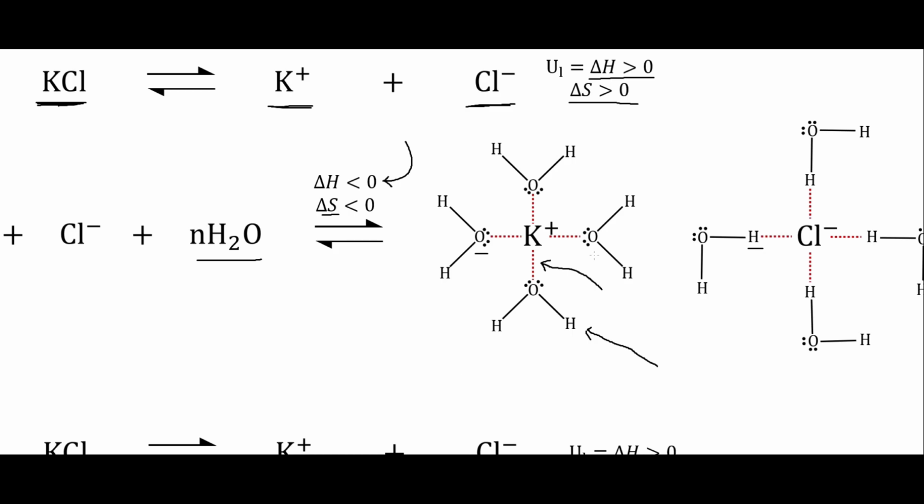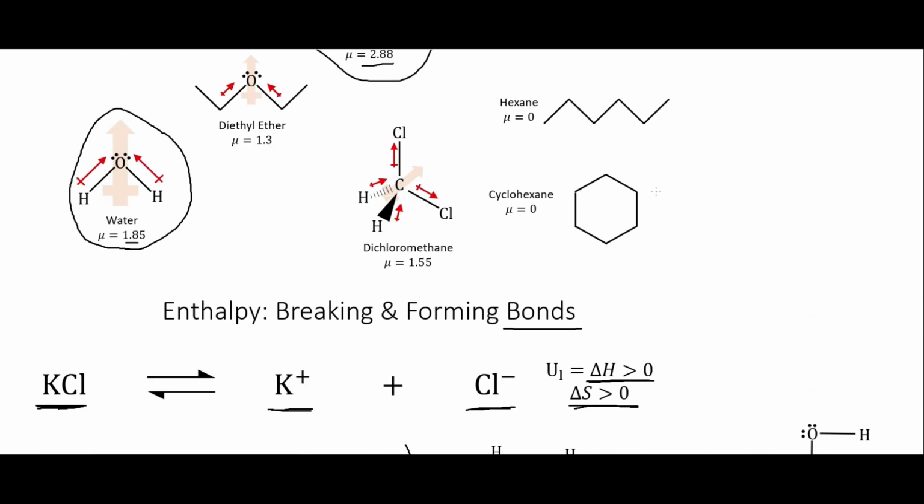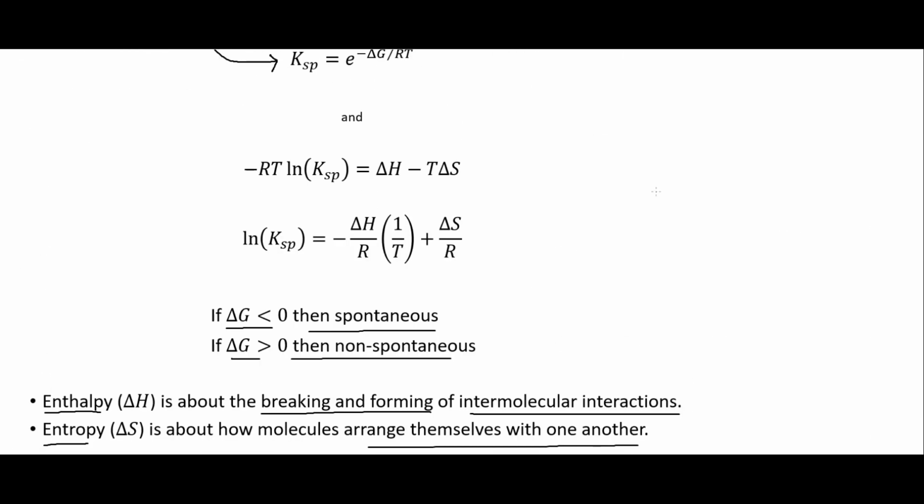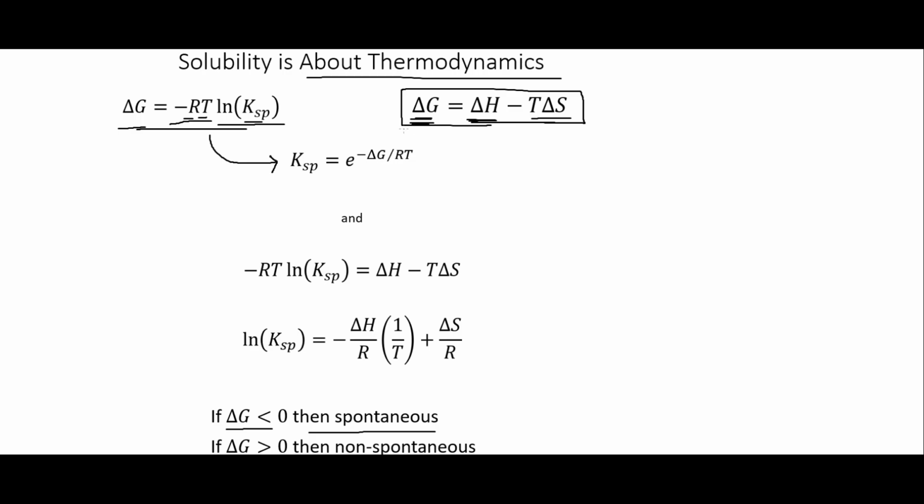So we have this trade-off: a process that is enthalpically unfavorable but entropically favorable, and another process that is enthalpically favorable but entropically unfavorable. We are going to be putting those things into our equation up here, remember. These are the things that we are thinking about.